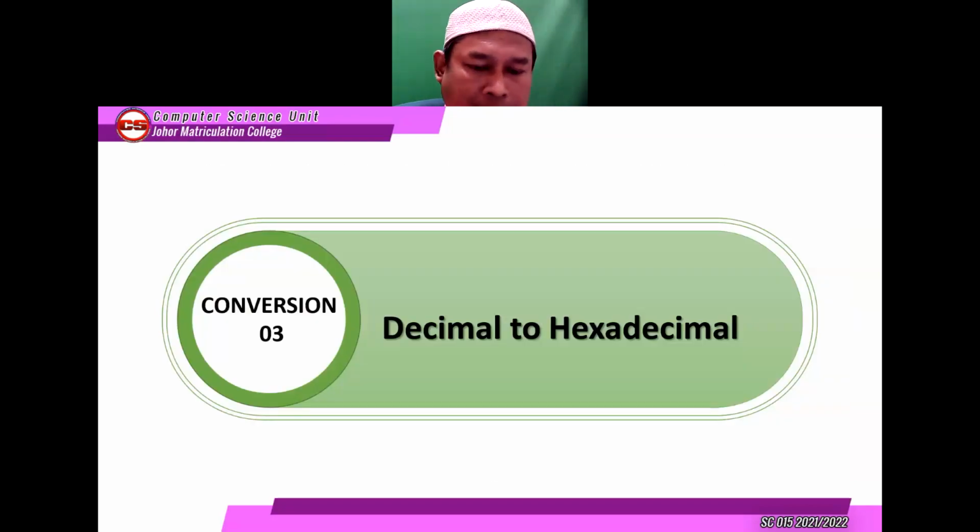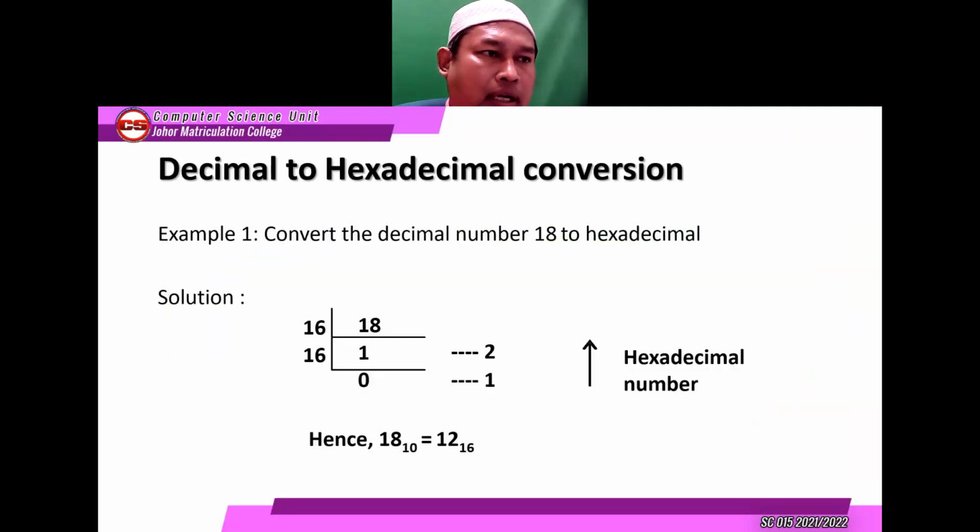So decimal and hexadecimal numbers conversion. Convert the decimal number 18 to hexadecimal numbers. 18 in decimal will be converted to hexadecimal. How to convert to hexadecimal? The number in decimal must be divided by 16.